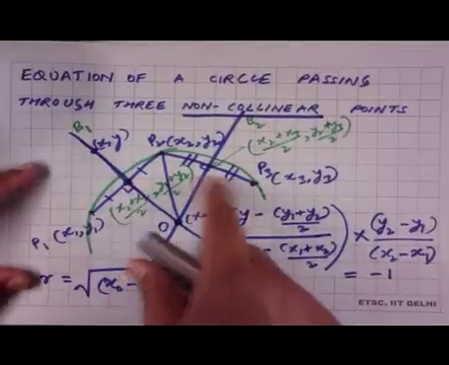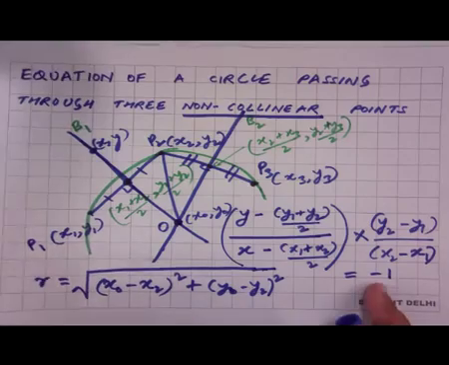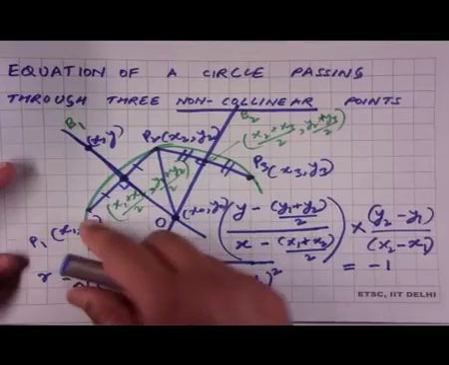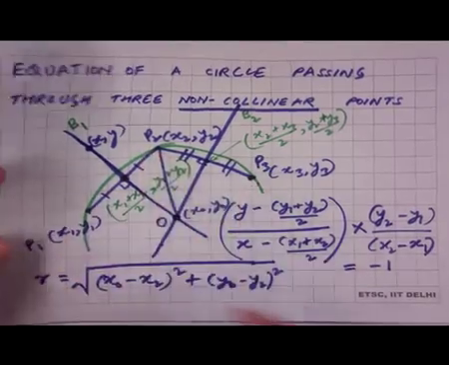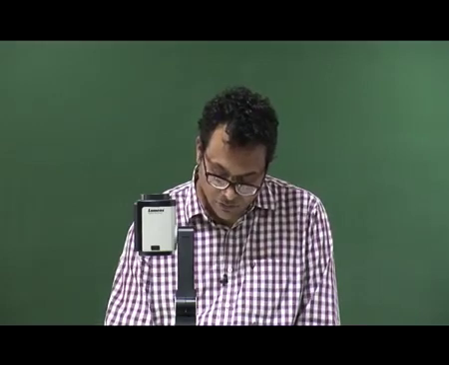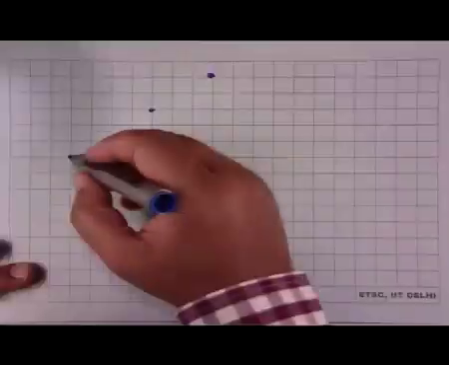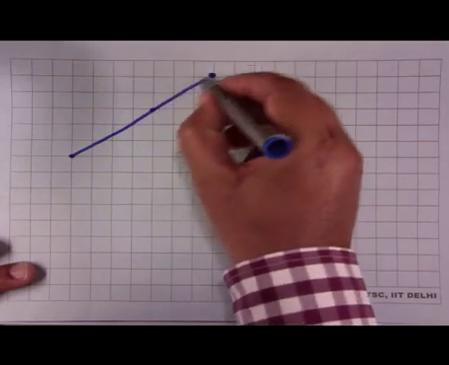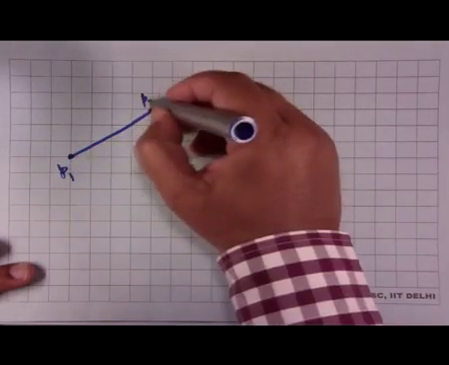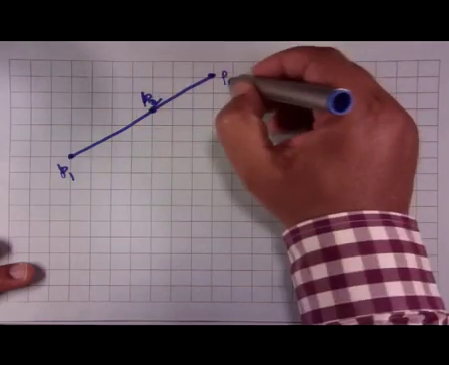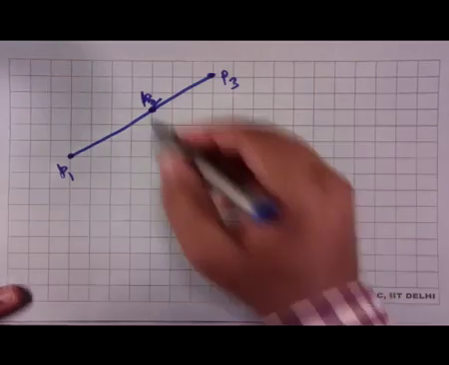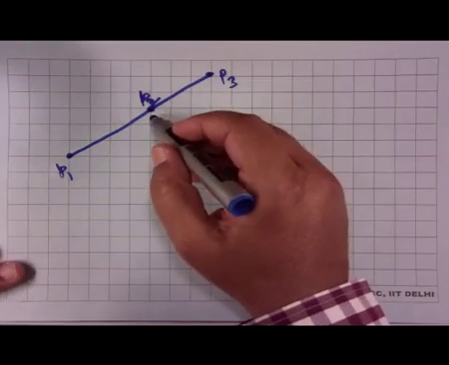And it should not be very difficult to see that, because let us say that what if these 3 points were collinear, that is that they were on the same straight line, then we will show that they can never lie on the same circle.